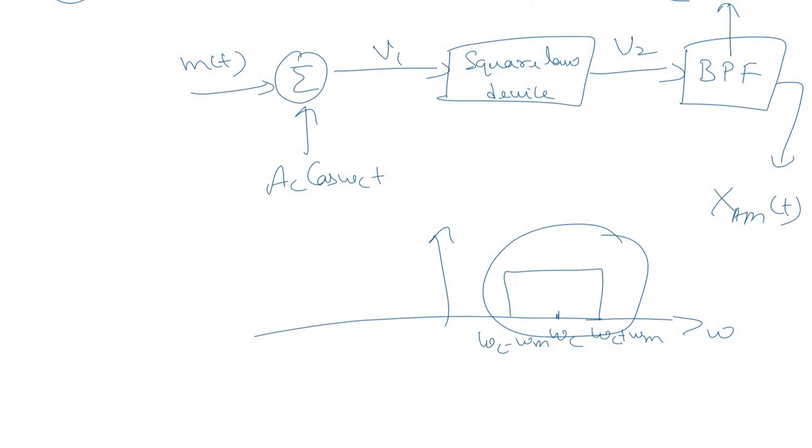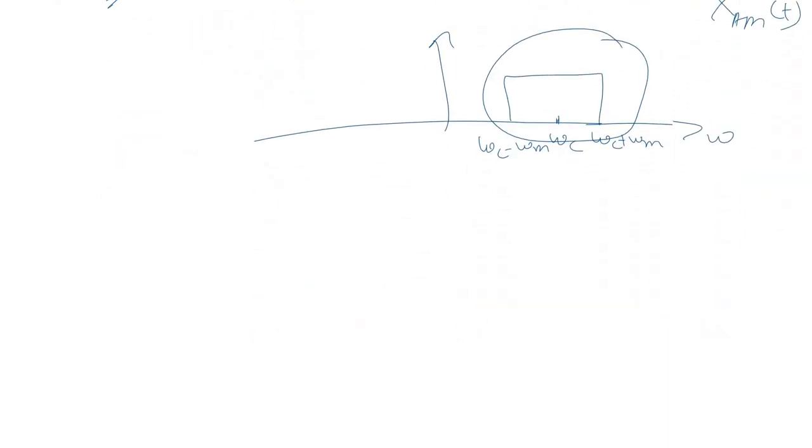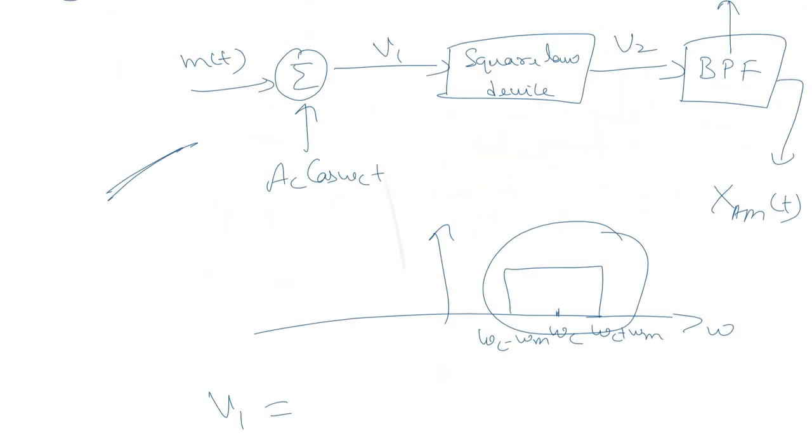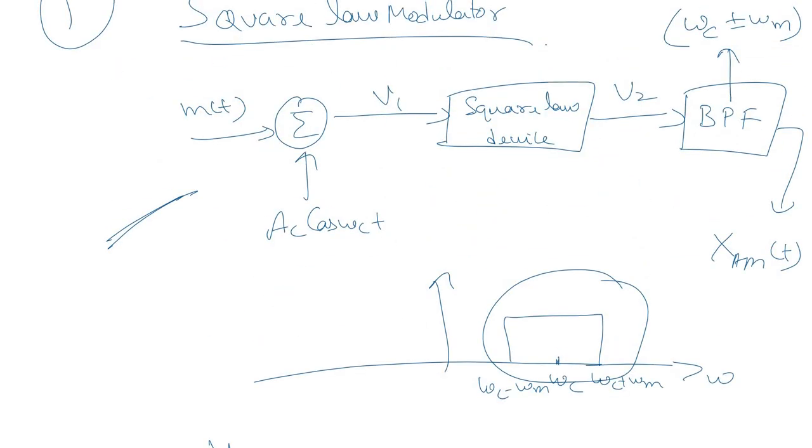Alright, so now let us look at the mathematics behind this block diagram and see how this helps in generating the desired DSBC or conventional amplitude modulated signal. So firstly, the signal V1 is nothing but sum of message and the carrier signal.